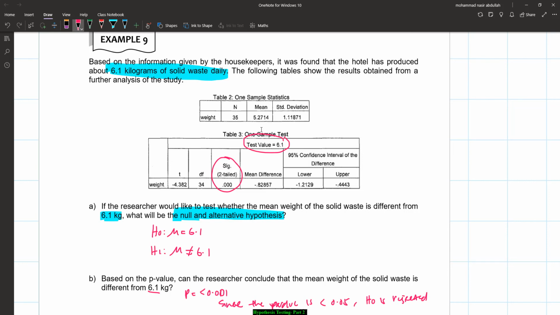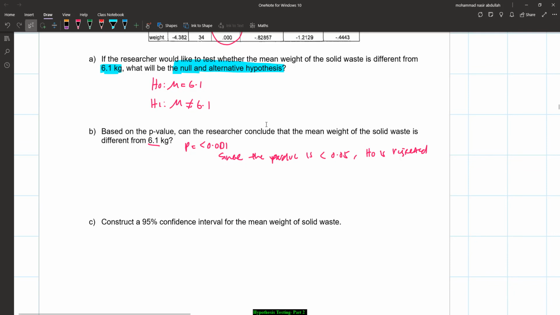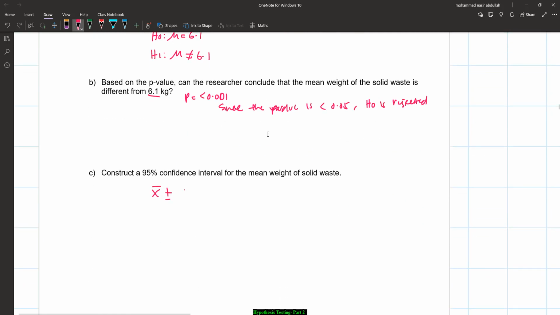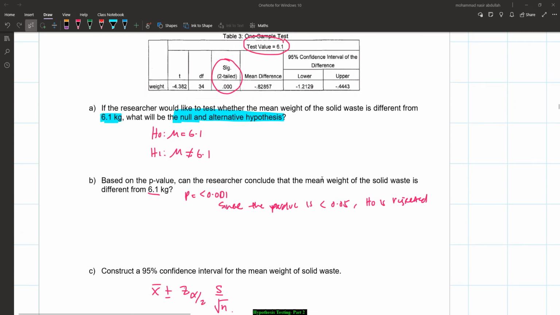We can conclude that the mean weight of solid waste is different from 6.1 kilograms. Very simple, right? Construct a 95% confidence interval for the mean weight. This is x bar plus minus z alpha over 2 times s divided by square root of n, where n is 30. If you use t, you will get a different value for the confidence interval of the mean.